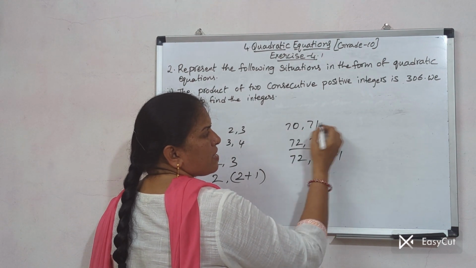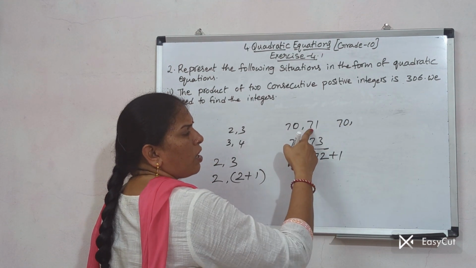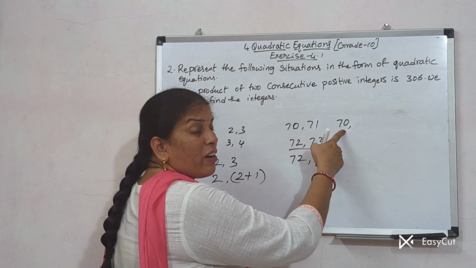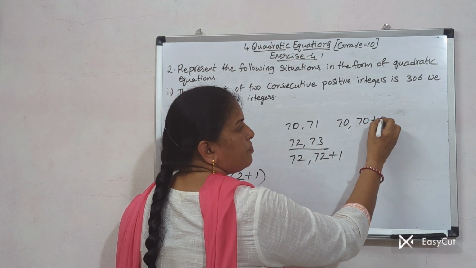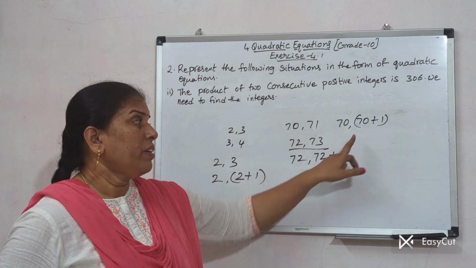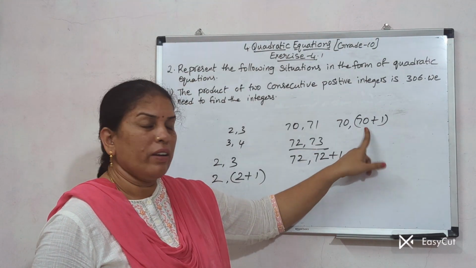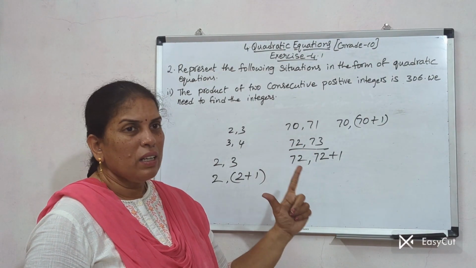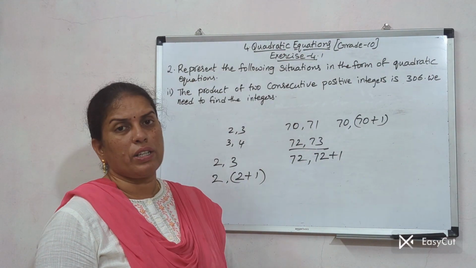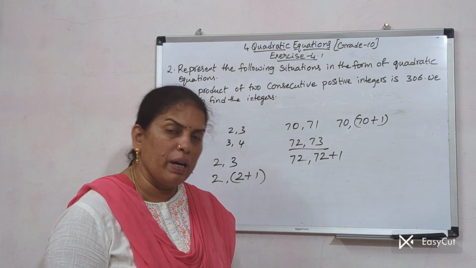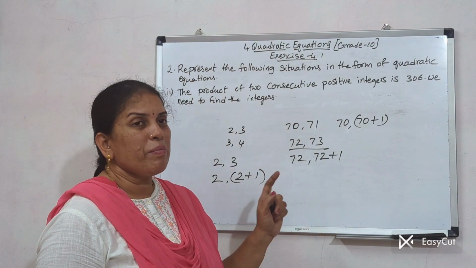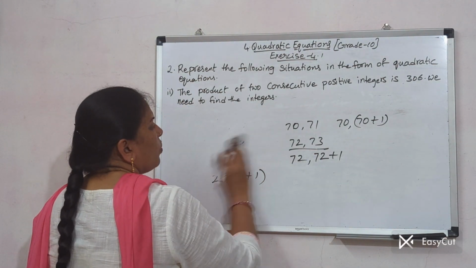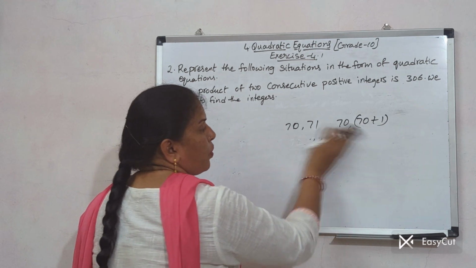Here 70 is the first number. How did you get 71? If we add 1 to 70, 70 plus 1 is 71. That means to get a consecutive integer, we must add 1. Remember that point, very important.